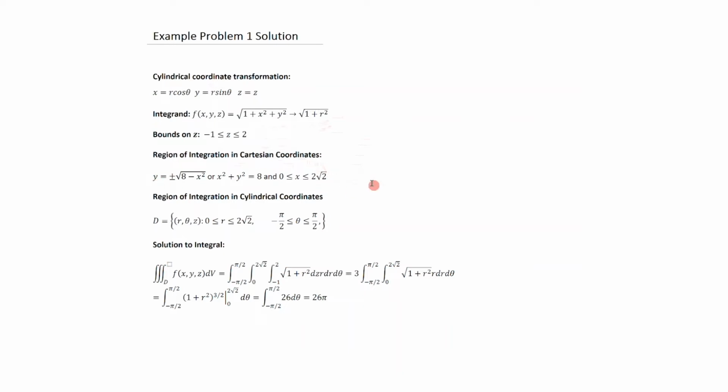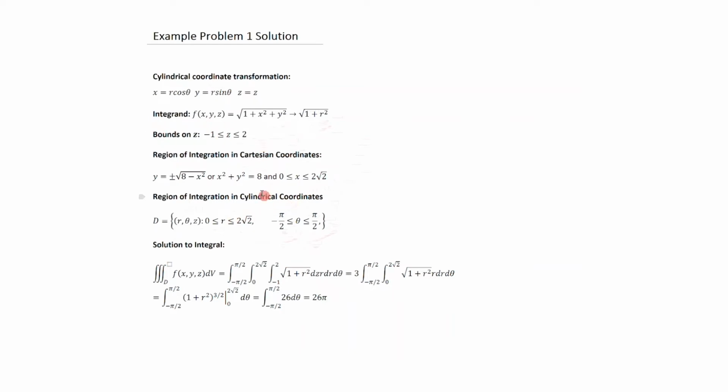If we look at this in cylindrical coordinates, then r would go from 0 to 2 root 2, as shown on the previous slide, and theta would range from minus pi over 2 to pi over 2. So we now have the bounds for the region, and we have the bounds on z.